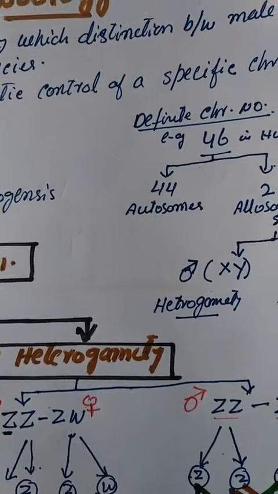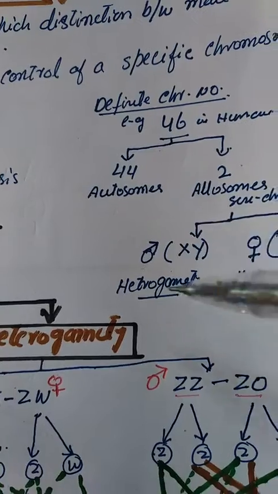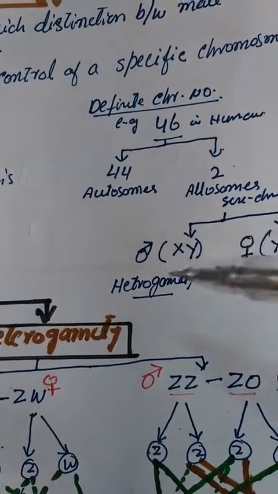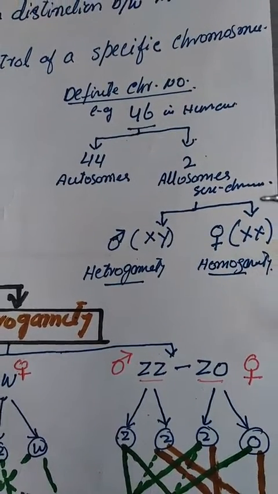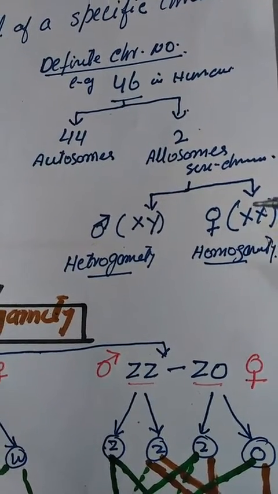Now these sex chromosomes, in case of males, are XY, dissimilar type of chromosomes, and in females they have similar type of sex chromosomes, XX.